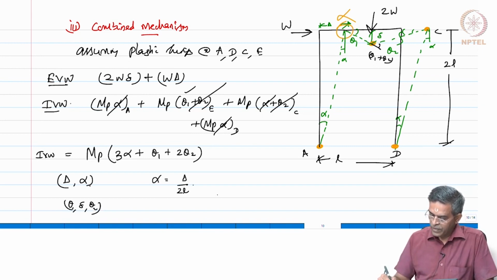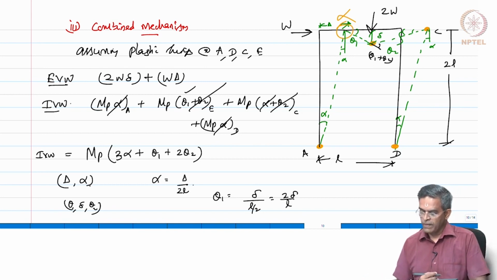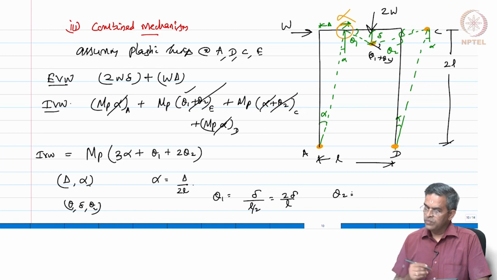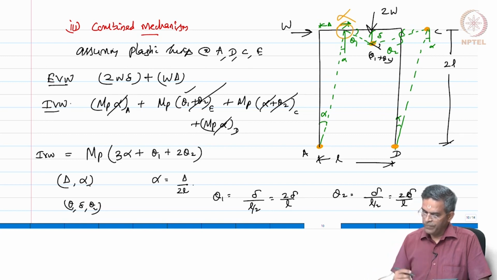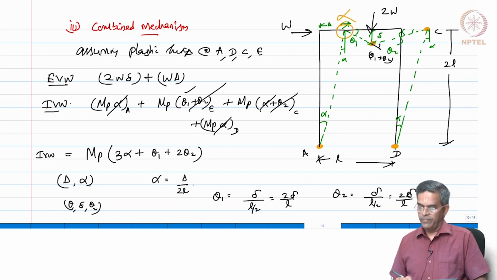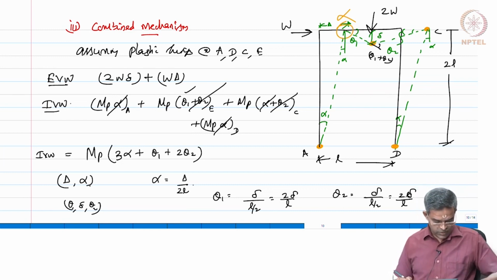That is, theta 1 is del by L by 2, which is 2 del by L, and theta 2 is also del by L by 2, which is 2 del by L. Okay. So, we will substitute this.